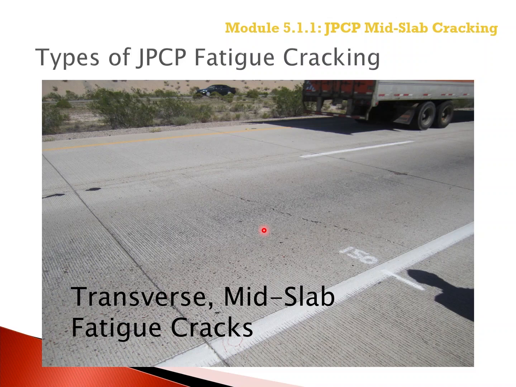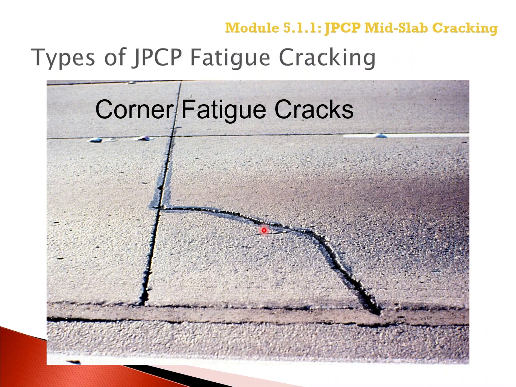There are also other types of cracking within the Portland cement concrete slab of a jointed plain concrete pavement, which we'll now cover. Corner breaks can occur, which are also a fatigue-related crack in the slab. So a slab with a corner break and no other cracks is counted as a cracked slab.